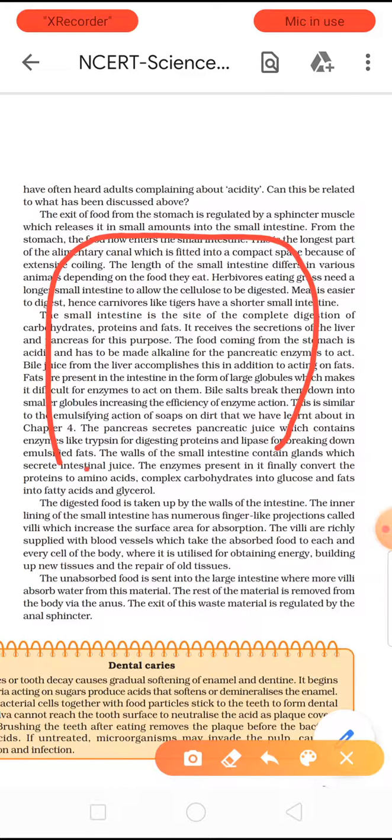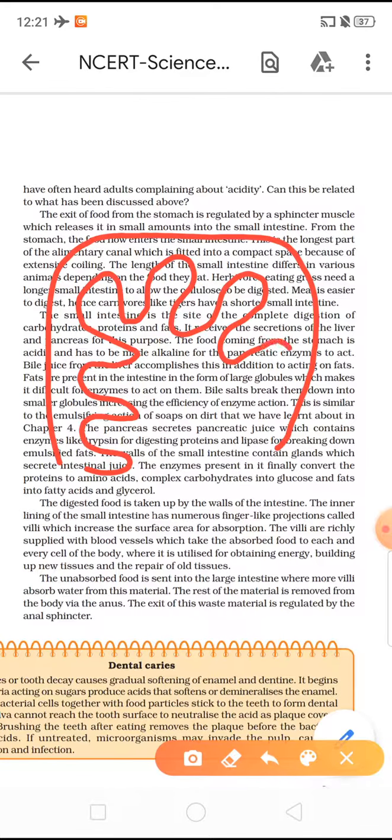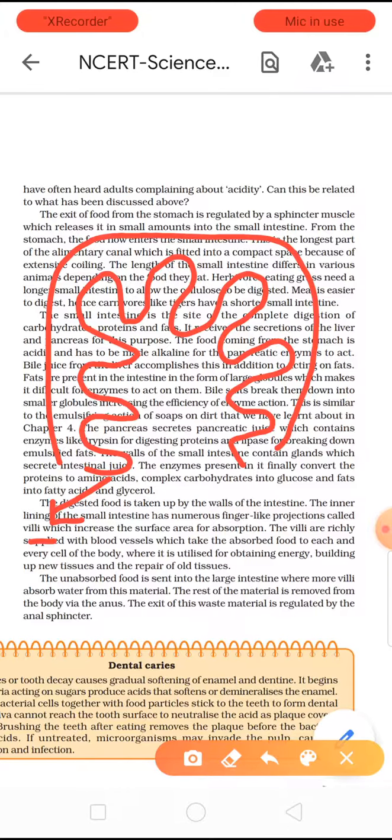The inner wall will be folded like this. And what are these structures? These structures are called villi. They are called villi because they will absorb the digestive material.